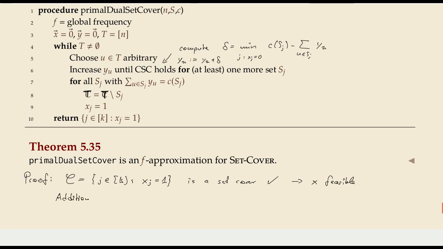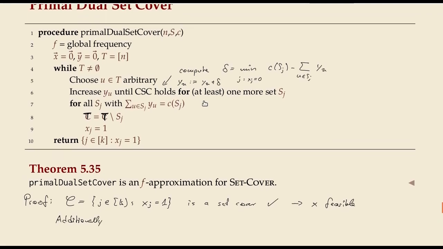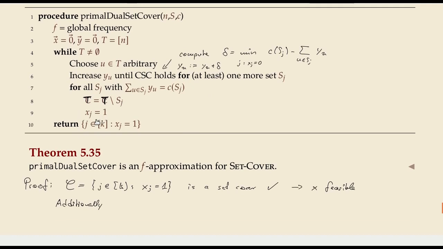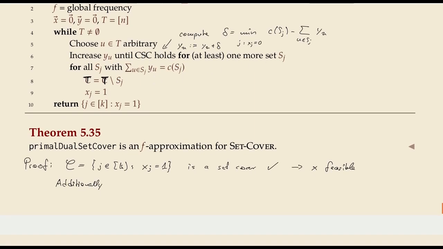Also, for all the sets where we set xj to 1, we had at this point in time this equality. So for all the sets that are selected in the cover, we have that the corresponding part of the dual solution corresponds exactly to the cost of this set.